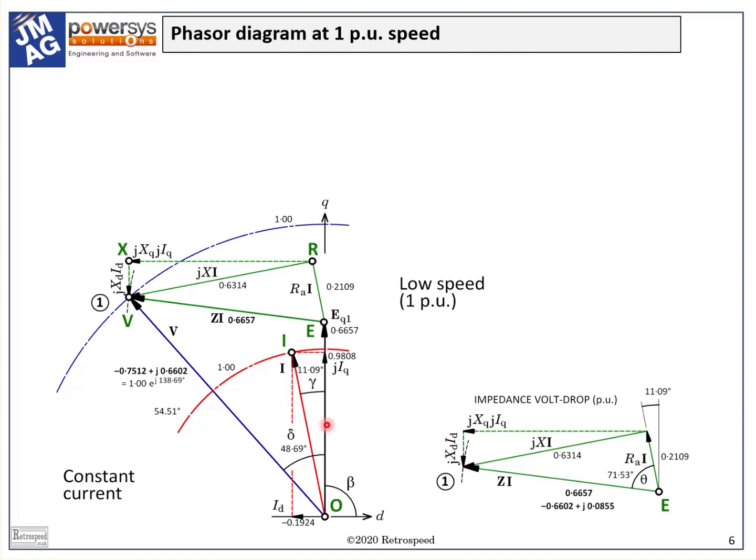The sum OE plus ER plus RV is equal to the terminal voltage OV. It's as though the three voltages OE, ER, and RV were separate voltage sources in series inside the machine in each phase, and this is how we think of them.